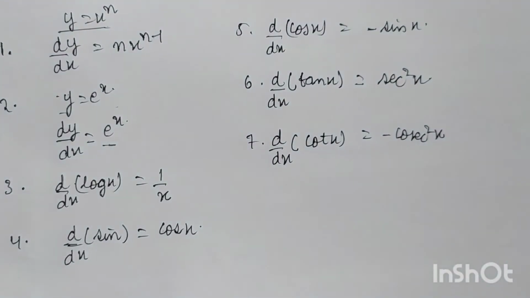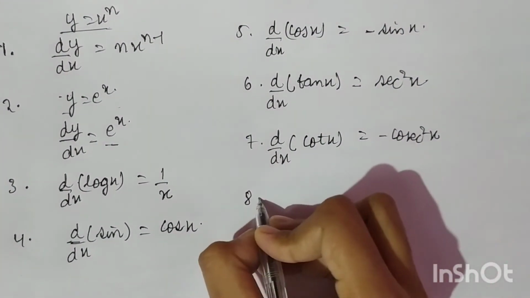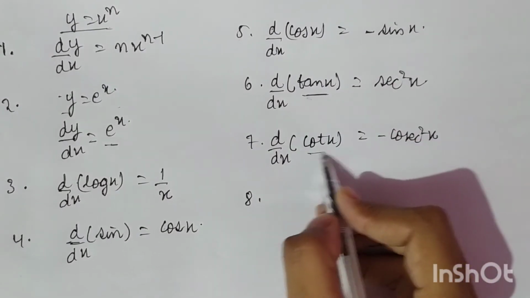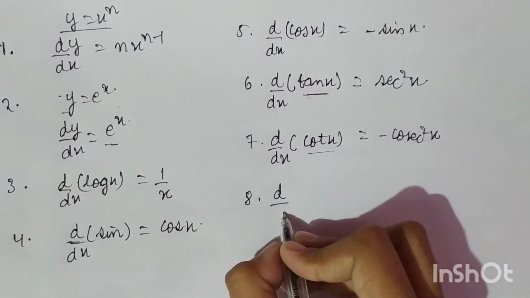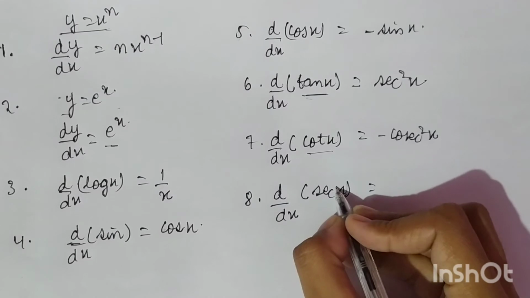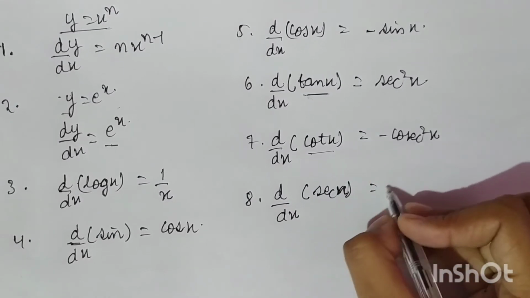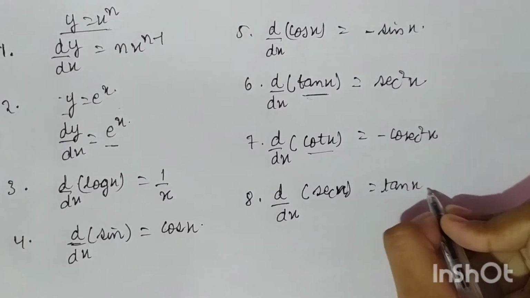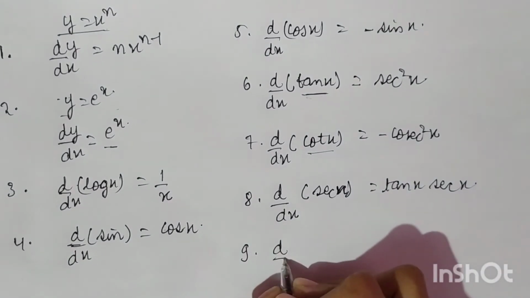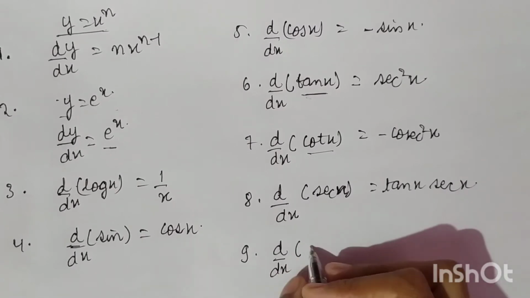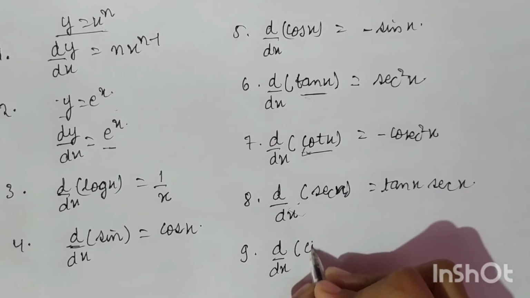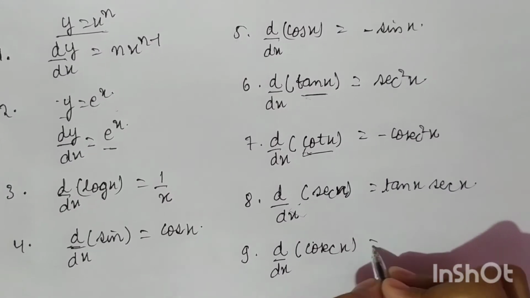Now we have found the differentiation of tan x and cot x. But if we want to find the differentiation of sec x, it will be sec x tan x. The next thing is the differentiation of cosec x. What will that be?